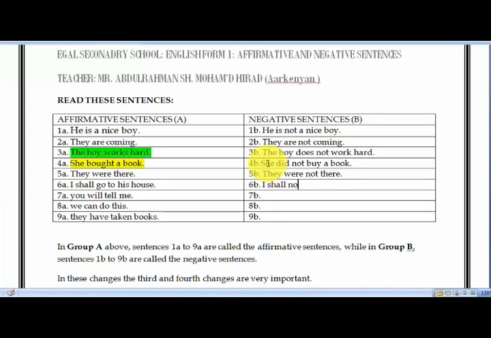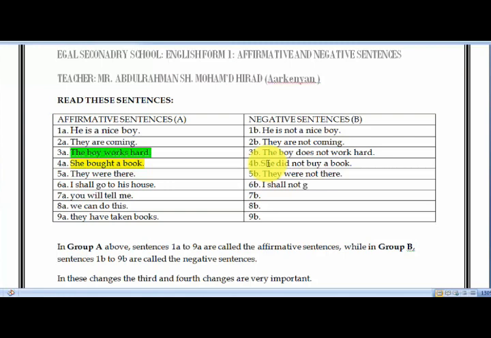I shall not. No need, just add not. Because I've told you previously that when you have got a verb to be or have to or modal auxiliaries, there's no need of looking for some other words. You just add not after those modal auxiliaries or verb to be or has or have.